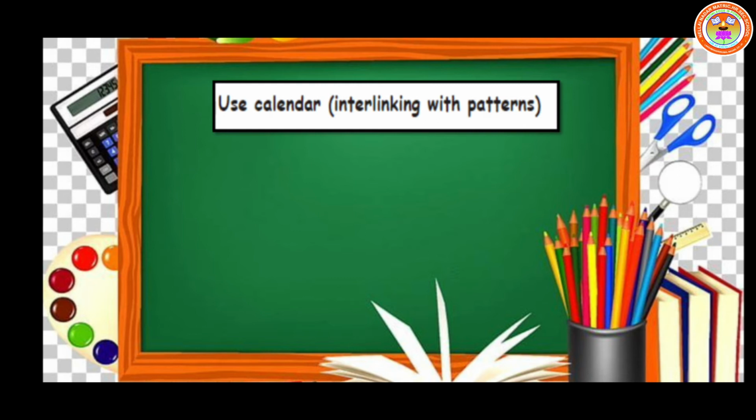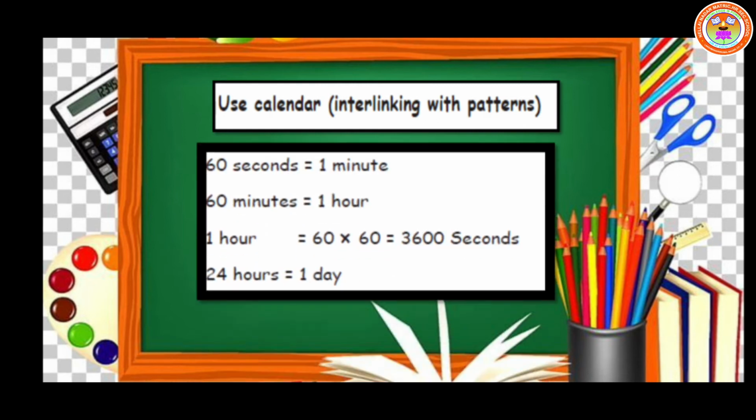See, 60 seconds is equal to 1 minute. 60 minutes is equal to 1 hour. 1 hour is equal to 60 into 60, that is 60 minutes into 60 seconds. So, you will get 3600 seconds. 24 hours is equal to 1 day.